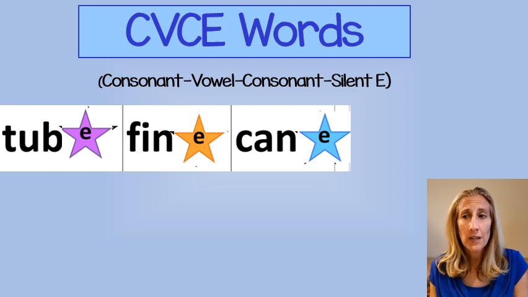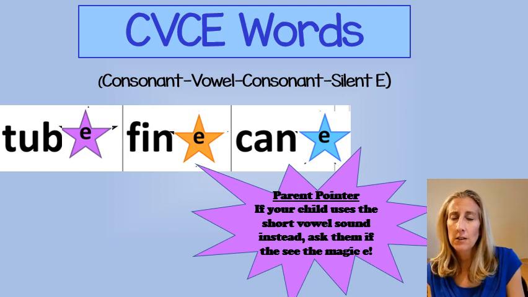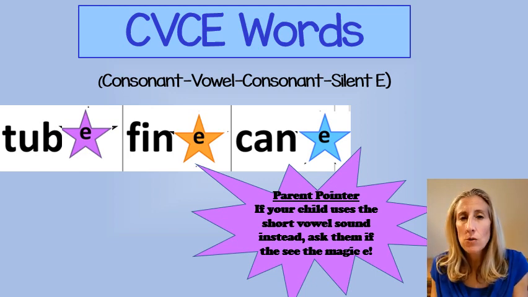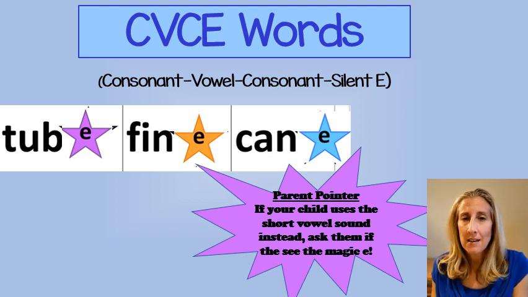So that's the word cane. And just a little tip for parents, if your child uses that short sound instead, ask them if they see that magic E at the end, and then they'll know to go back and use that long vowel sound and use that letter name instead.